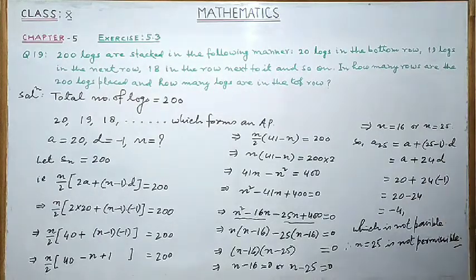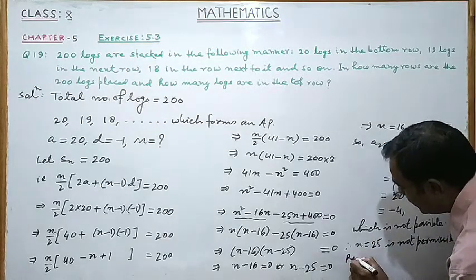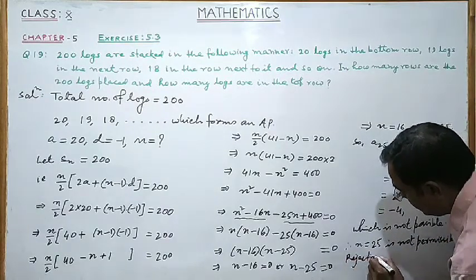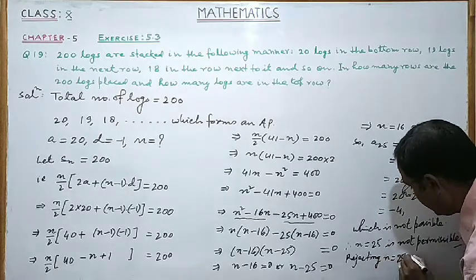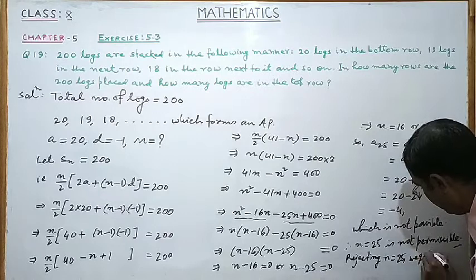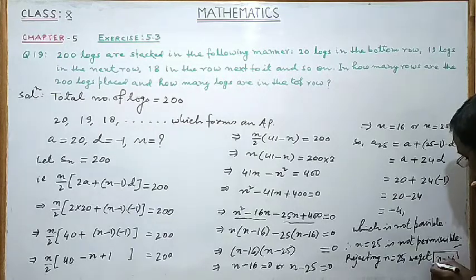So rejecting n equal to 25, we get the final value of n equal to 16.